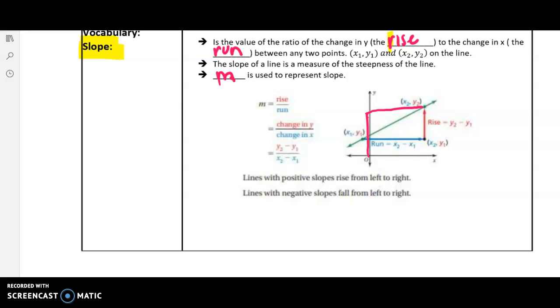So it would look like rising up and then running over. This is our change in x, so we subtract our 2 x's. Our change in y, so we subtract these 2 points. And then we subtract our 2 x's and we divide those.